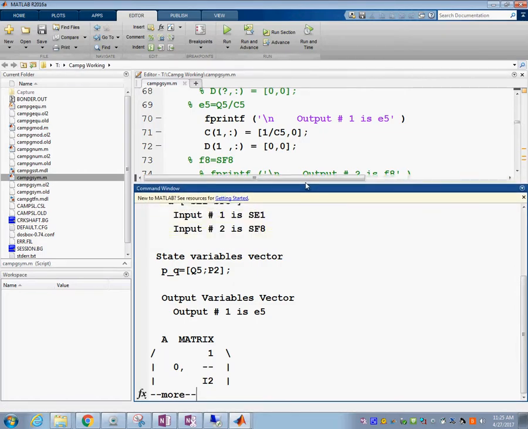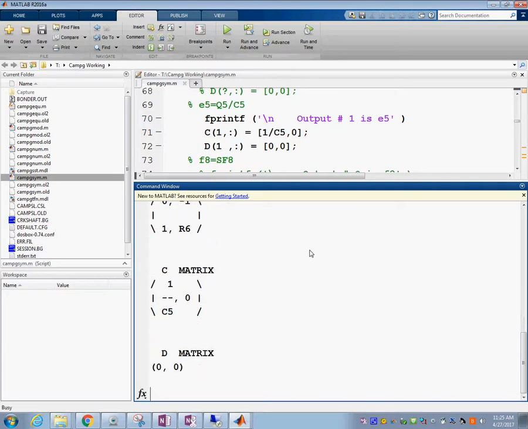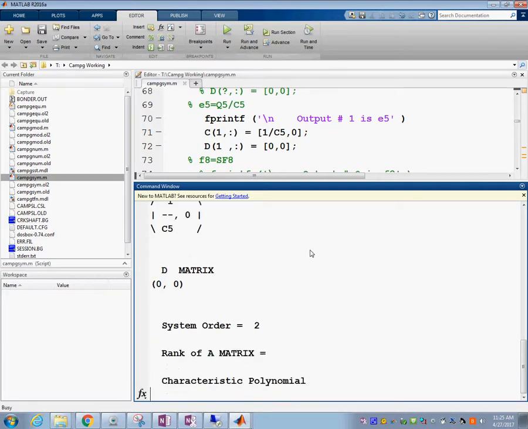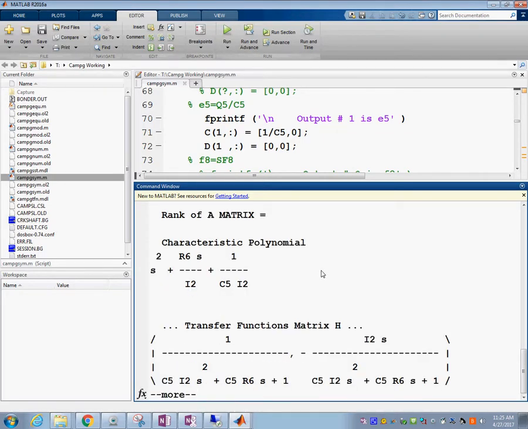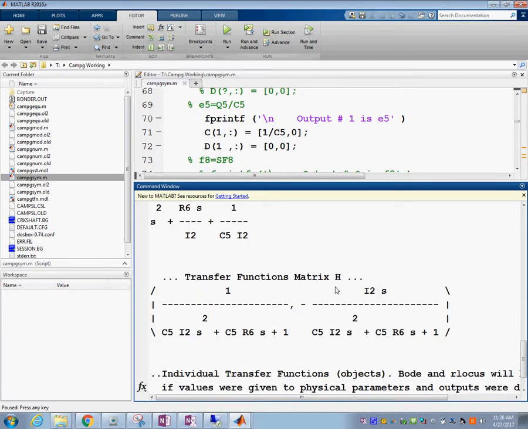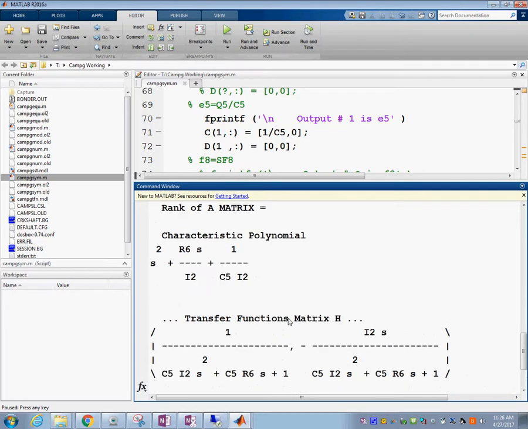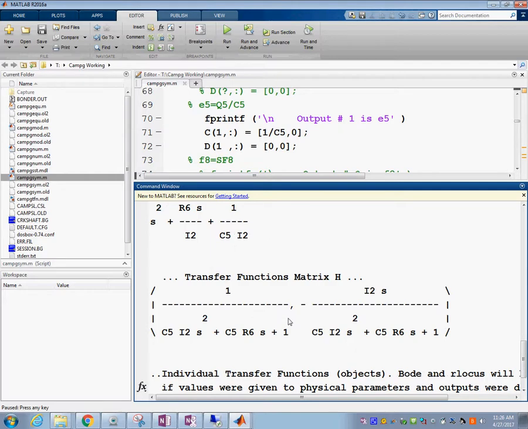and you will obtain also the B matrix, the D matrix, and you say, oh my gosh, I have two transfer functions here. Now which is which? And why do I obtain two transfer functions? We obtain two transfer functions because we have one output and two inputs.